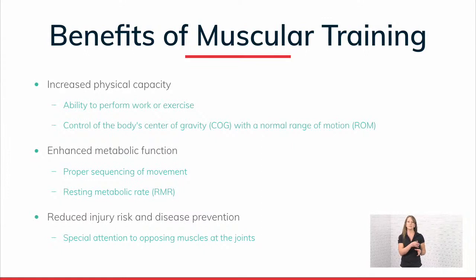So when you increase your muscular training and you build this into your regular exercise regimen, what we see is reduced injury risk and disease prevention. We know now, based on so much evidence, that engaging in muscular training actually decreases the risk of developing type 2 diabetes. With that, when we're working with our clients, it's important to note their form and technique.